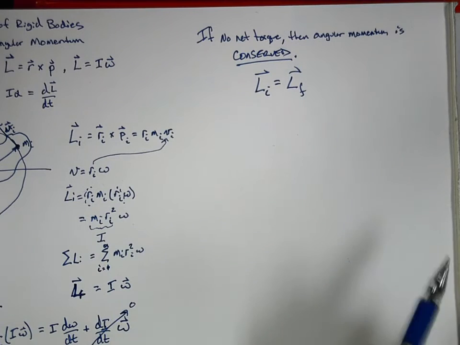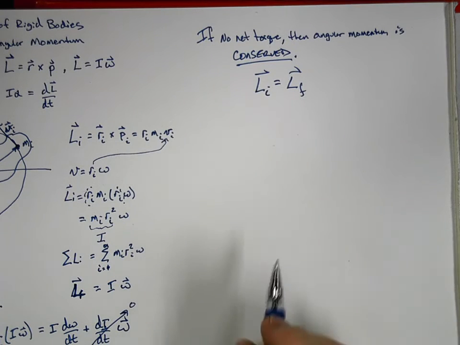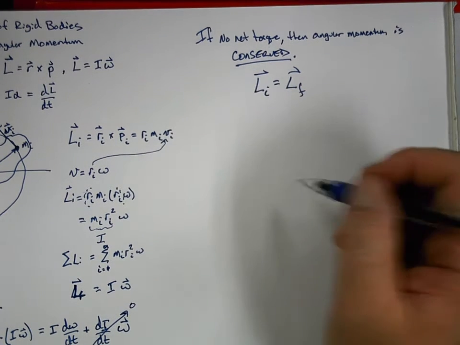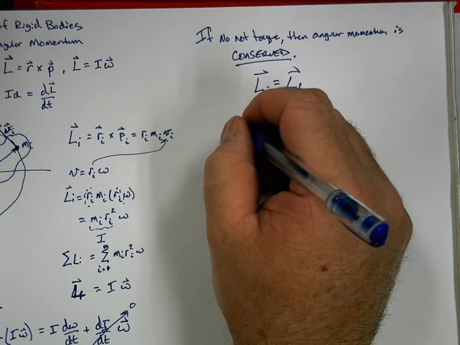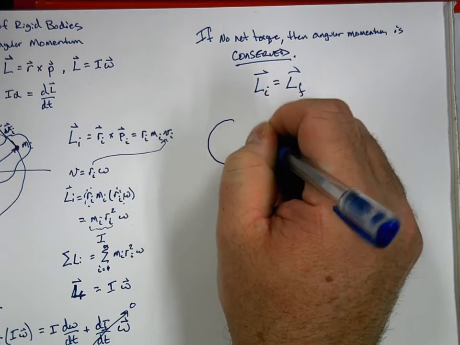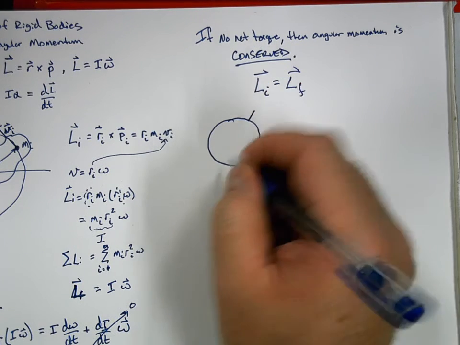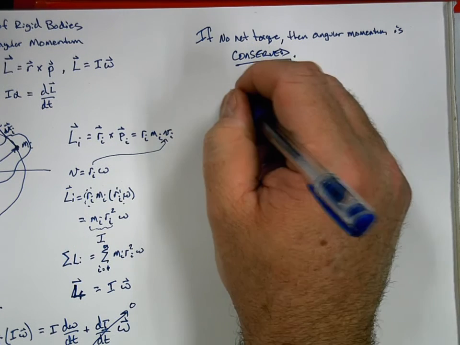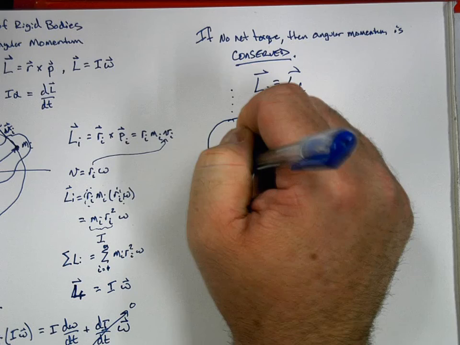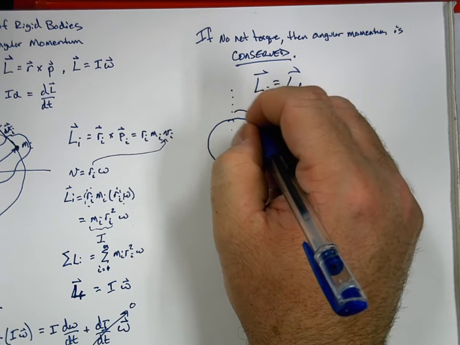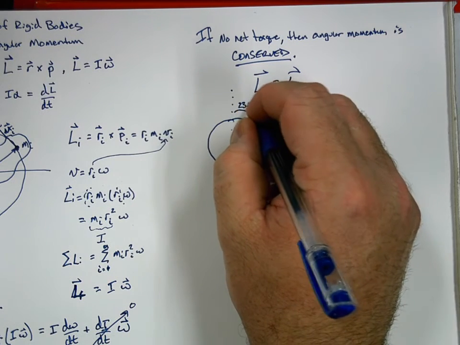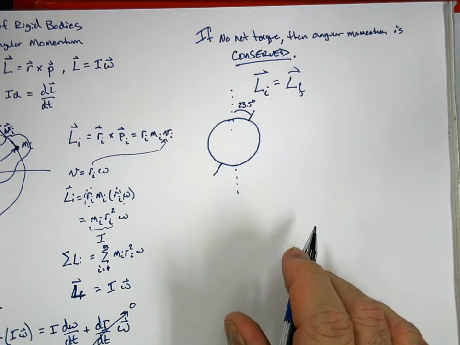The other thing is the Earth happens to spin on its axis. The Earth actually spins on a tilt that is 23.5 degrees off of vertical.